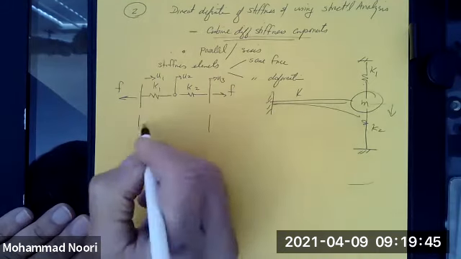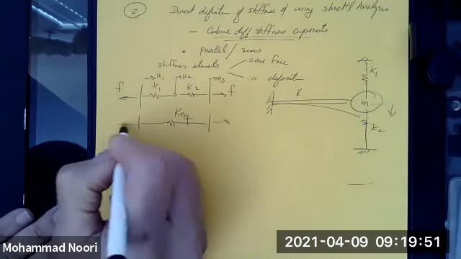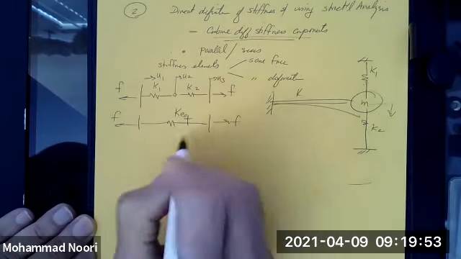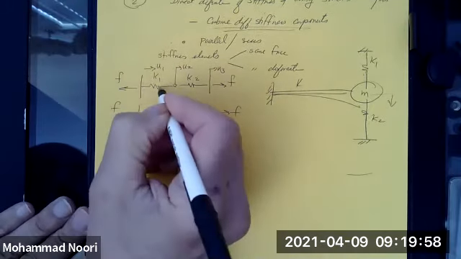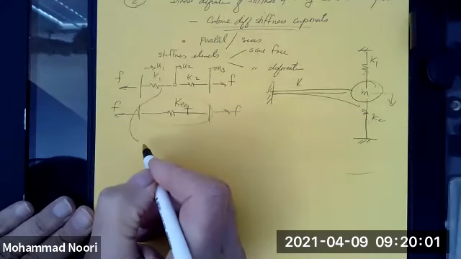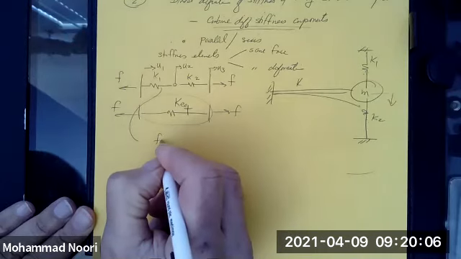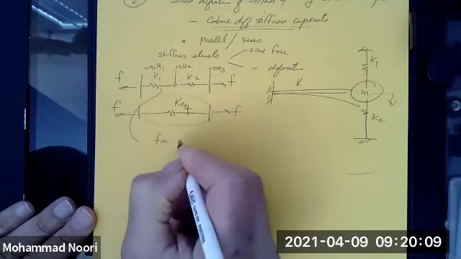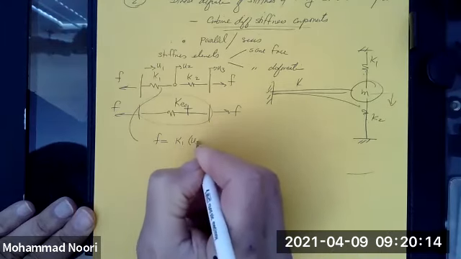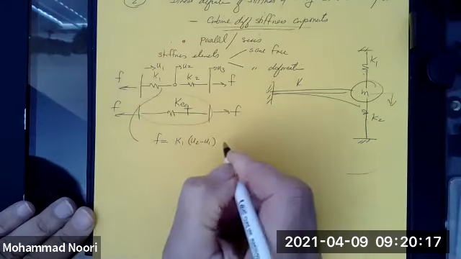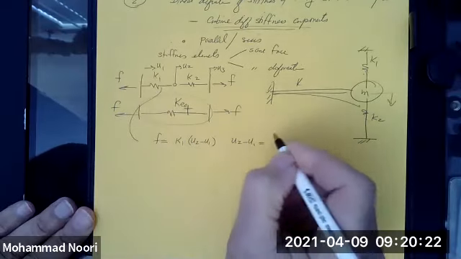The goal here is to find a single equivalent spring that would replace them, subjected to the same force. So spring one, K1, subject to this same force, is going to experience this relationship, or the displacement.